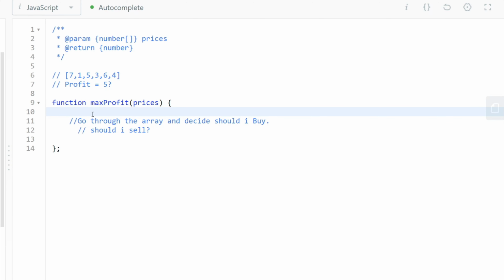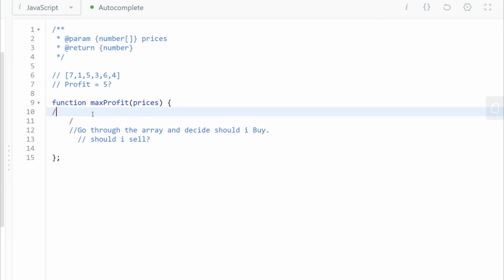So let's keep track of it. Seems like we need to keep track of profit. We need to do something to do that. Cool. So of course, 1 and 4 is a profit that's less than this profit, so we can move along. And we could continue this process, checking and checking, right? So effectively, in a brute force way, we can go through the array and decide, should I buy or not?